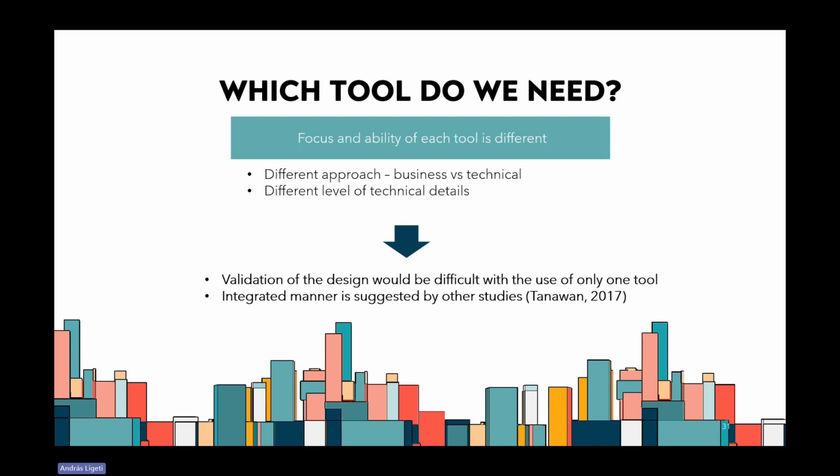Some of the tools are more business oriented, some others are more technically oriented. And if they are technically oriented, they analyze the product architecture on different technical levels. So even if they are technically oriented, it can be different on different technical levels. So the question is, which one should we use?